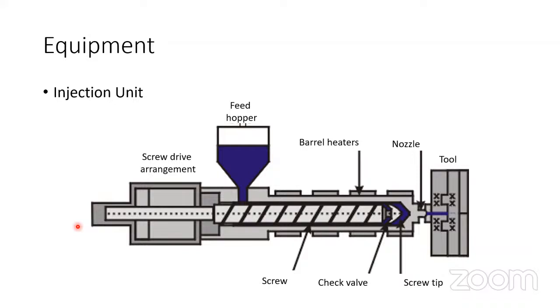We do not want to impart all the rotation of the motor to the shaft of the screw. Therefore, the screw drive system is there with the help of coupling or gearbox. Here is the shank, there's a hub, and this system gets attached with the drive systems.